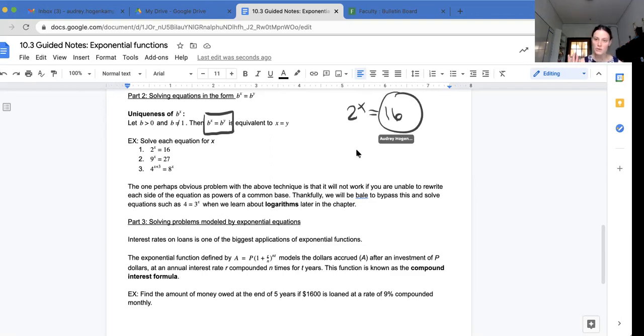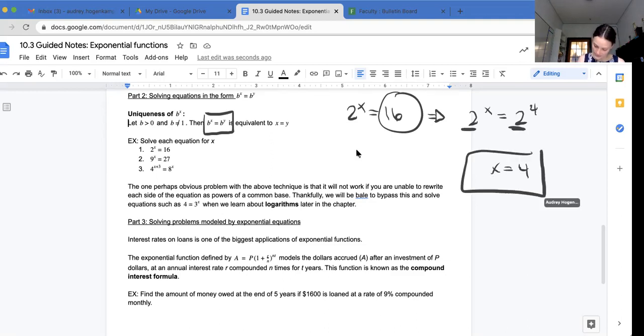So we have to think, can we write 16 in terms of 2 to the power of something? Well, 2 squared is 4, 2 cubed is 8, 2 to the 4th power is 16, so we can. So this is an equivalent statement to 2 to the x is equal to 2 to the 4th. Now we have that same base b, 2 and 2. So b to the x equals b to the y means that x equals 4. Just like that.